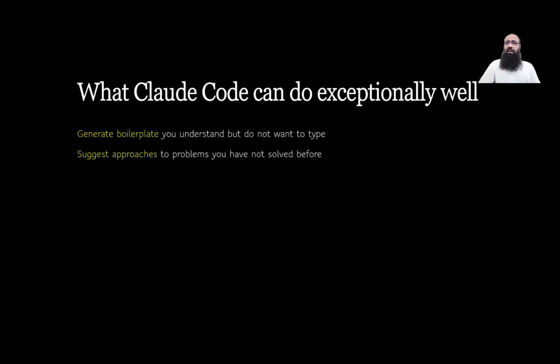The second thing is that with the extremely trained model it has at its disposal, it can suggest multiple approaches. If you present a problem to it, it can provide multiple approaches based on its knowledge base, and this is a very good thing. So you can avail that.